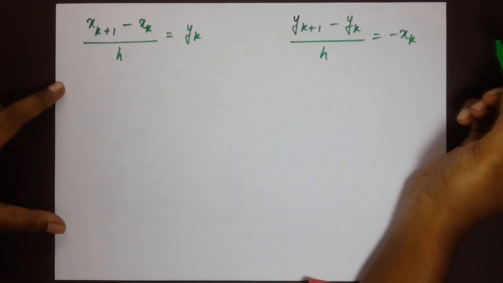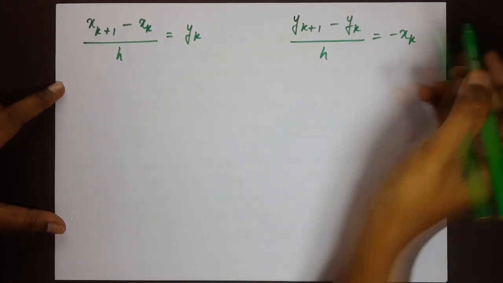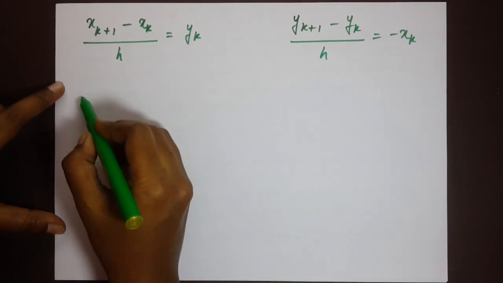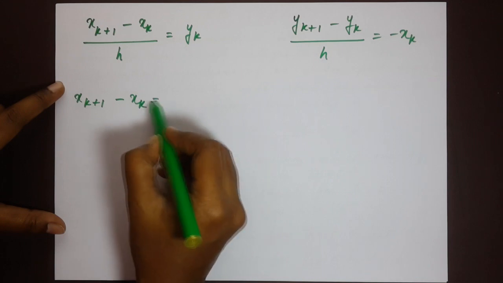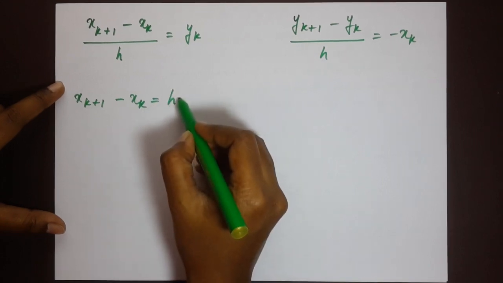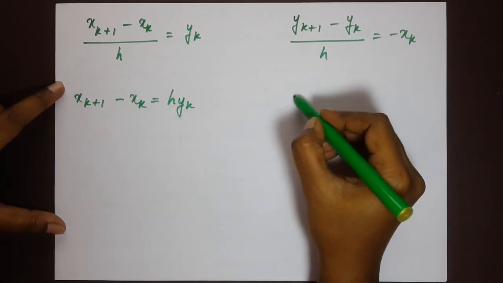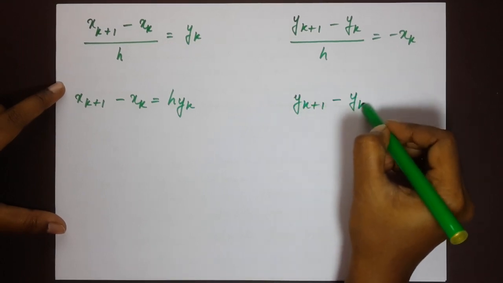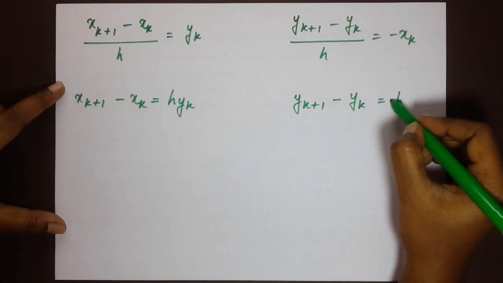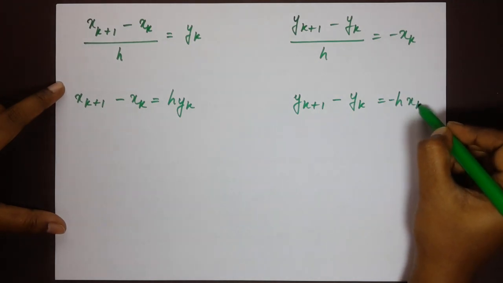Now the question says that x and y are state variables. So we can write this as xk plus 1 minus xk is equal to h into yk. Similarly here, yk plus 1 minus yk is equal to minus hxk.